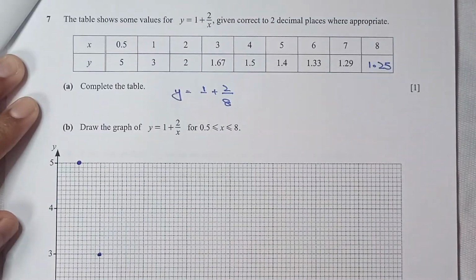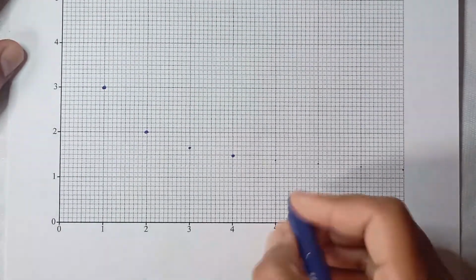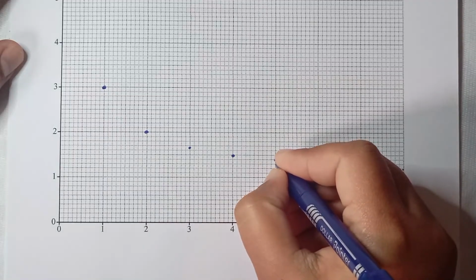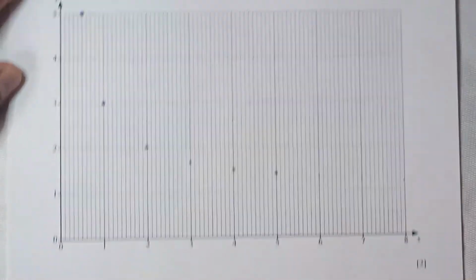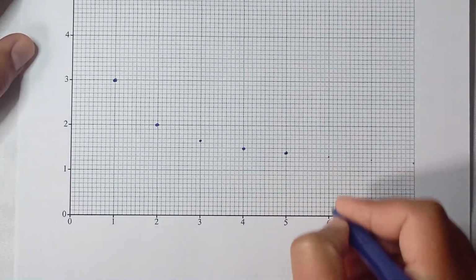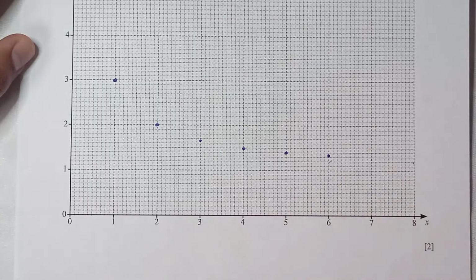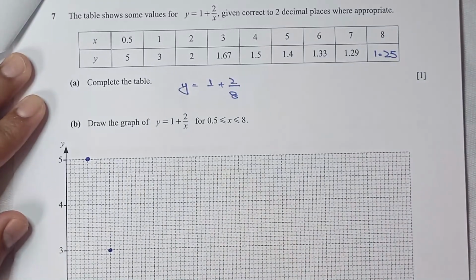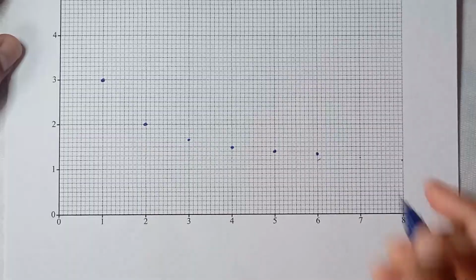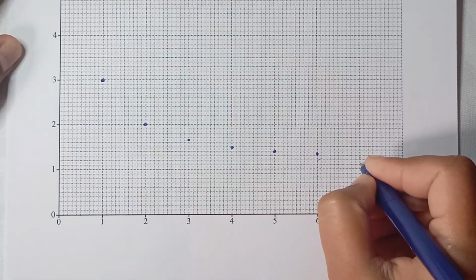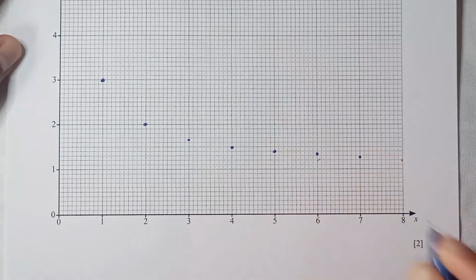For 5, it is 1.4, so 1 below 1.5 is 1.4. For 6, it is 1.33. For 7, it is 1.29.